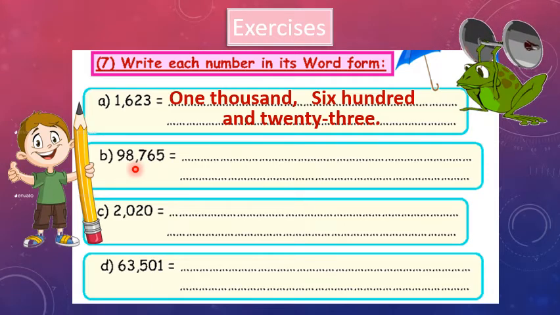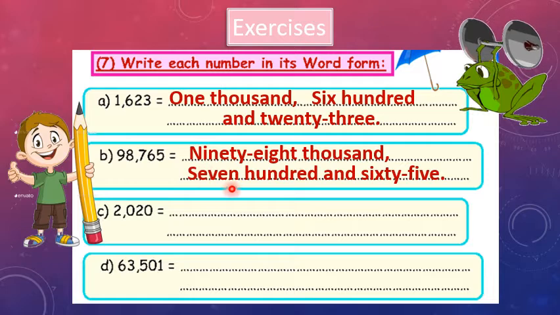Next one, ones, tens, hundreds, and our comma, which is called thousand. Then read the number to the left of this comma. It will be 98,000. And put our comma. And 765. As we read it, we write it. Here we have ones, tens, hundreds, and our comma, which is called thousand.